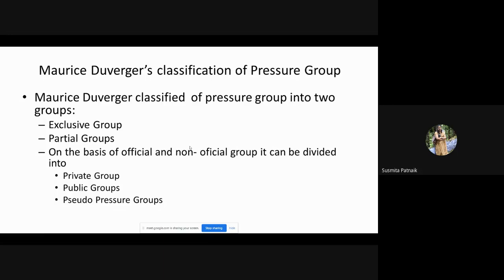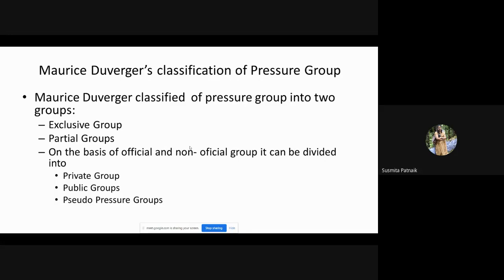And the second question is whether the pressure group is an official group or a non-official group. On the basis of official and non-official groups, the groups can be divided into three types: private groups, public groups, and pseudo pressure groups.